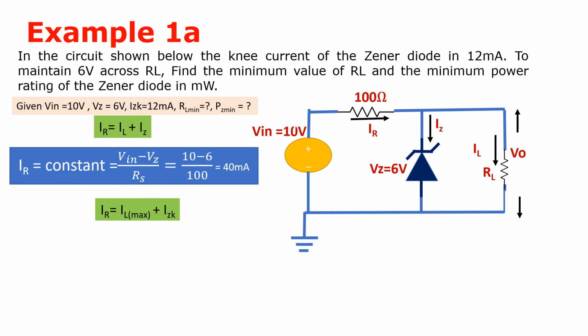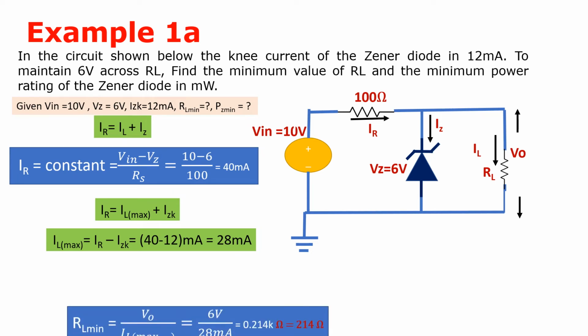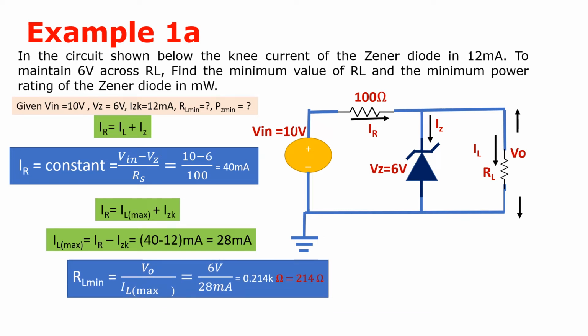So always remember that if IR is constant, one current will be maximum, the other current will be minimum. So here IZK is the minimum Zener current. So we can calculate the maximum load current. It will be 28 milliamps. If the current is maximum, that means correspondingly the load resistor will be minimum.